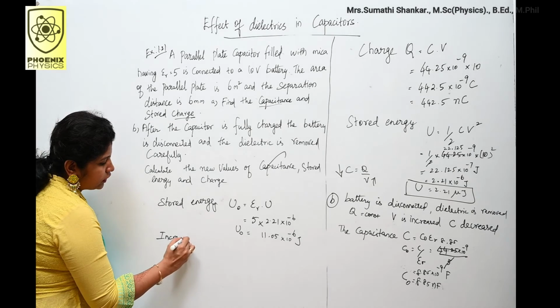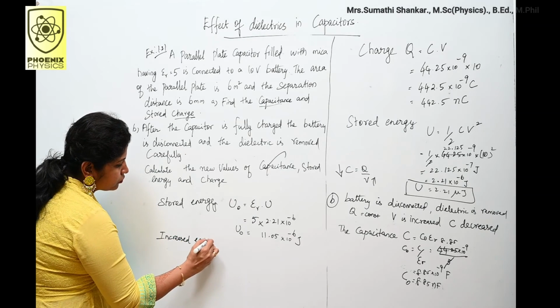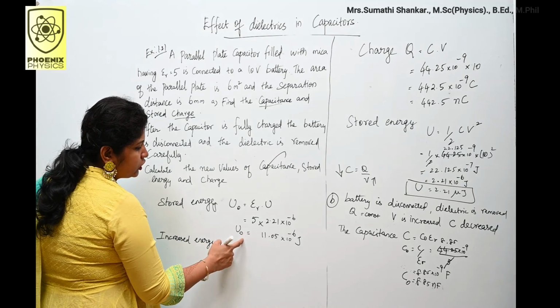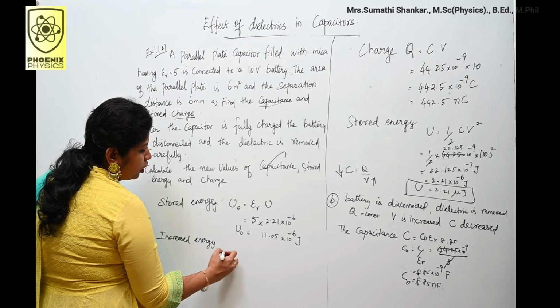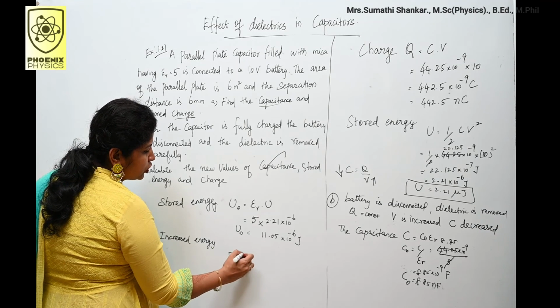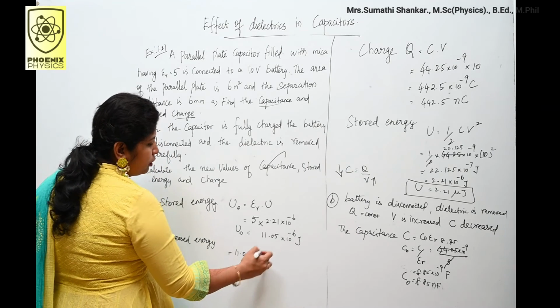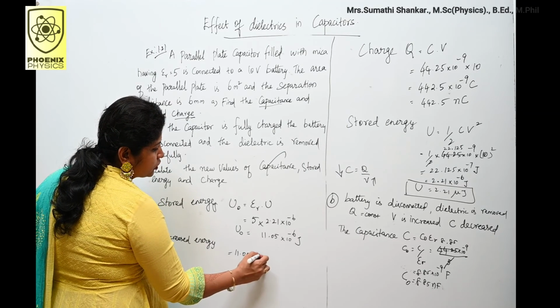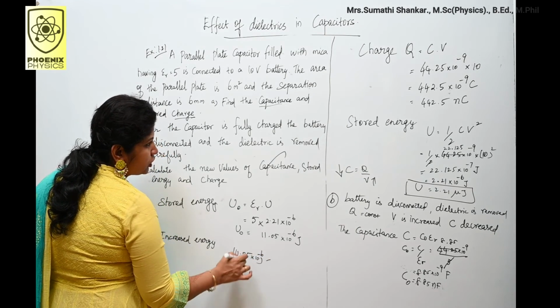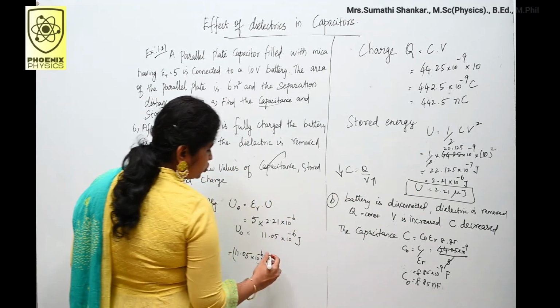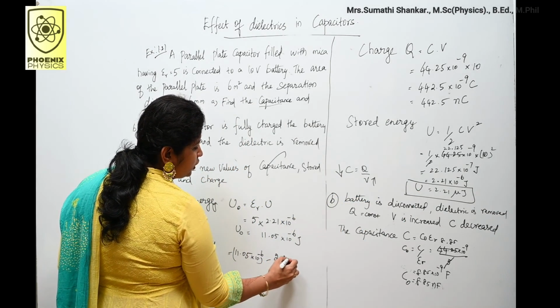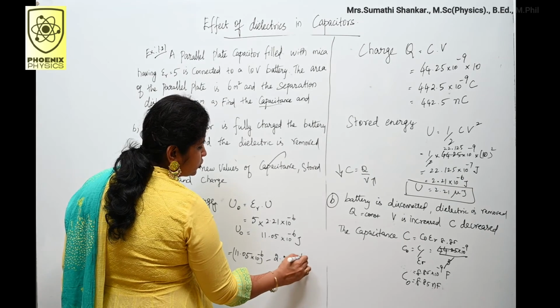How do you calculate increased energy? Initial energy is U0, that is 11.05 into 10 to the power of minus 6. Final energy is U, that is 2.21 into 10 to the power of minus 6.